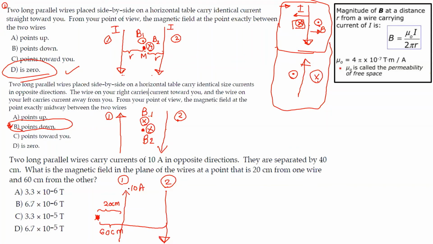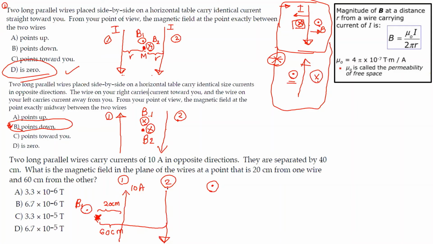Okay, now that we know the point of interest, let's find the direction of the B field from each of the wires. From the first wire, what's the reference diagram that I have to use? This one, right? So this points towards the left, out of the page. So B1 is out of the page.